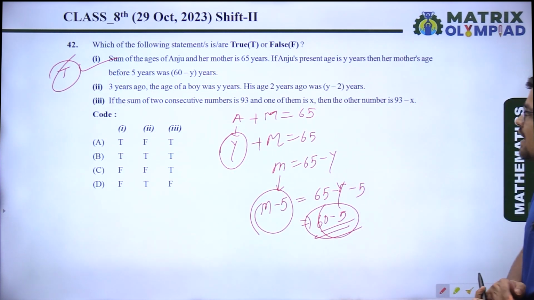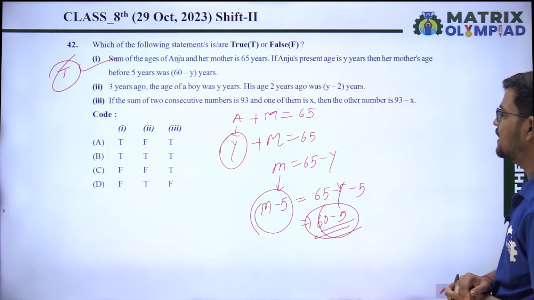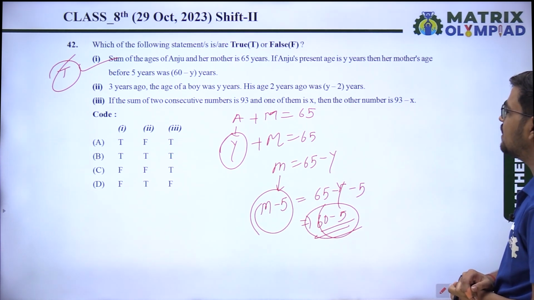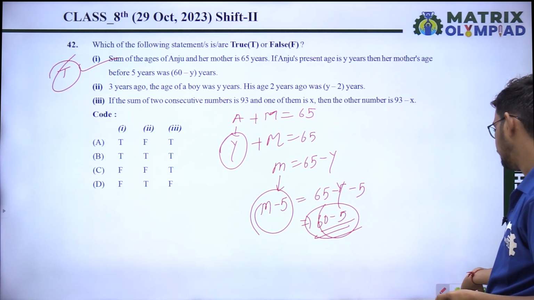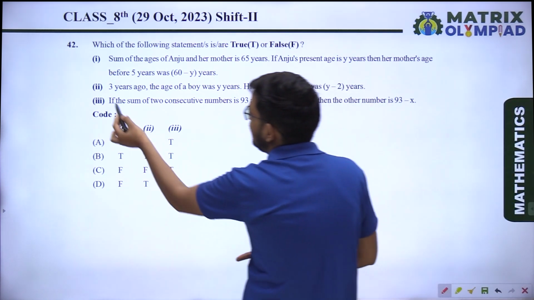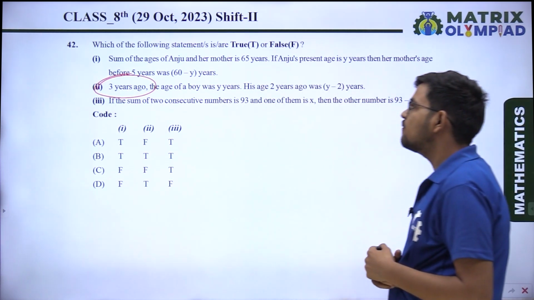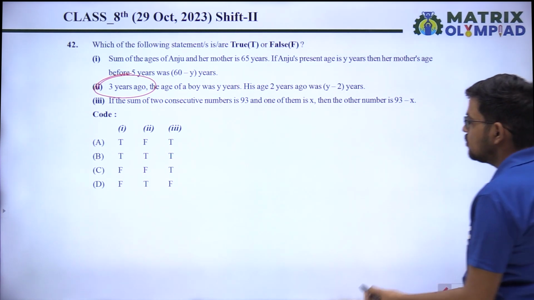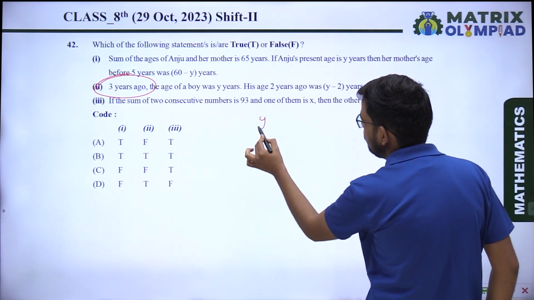Yes, mother's age was 60 minus y. It is true. 3 years ago the age of the boy was y years.